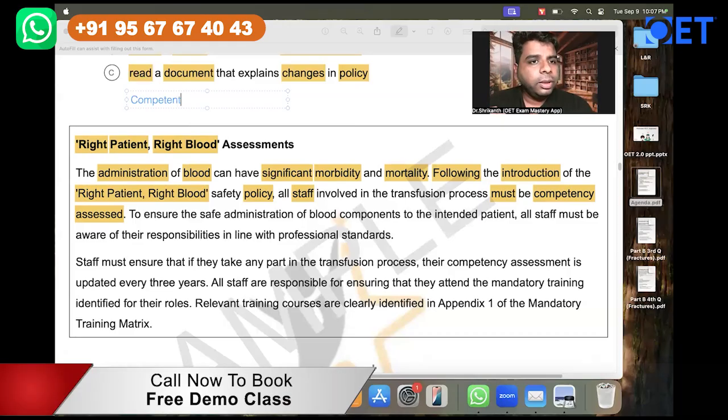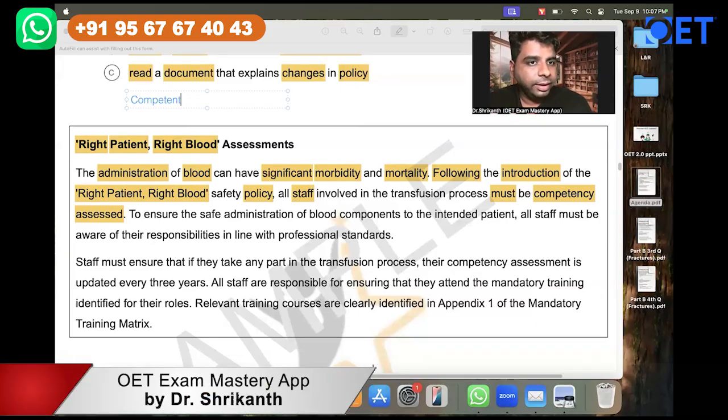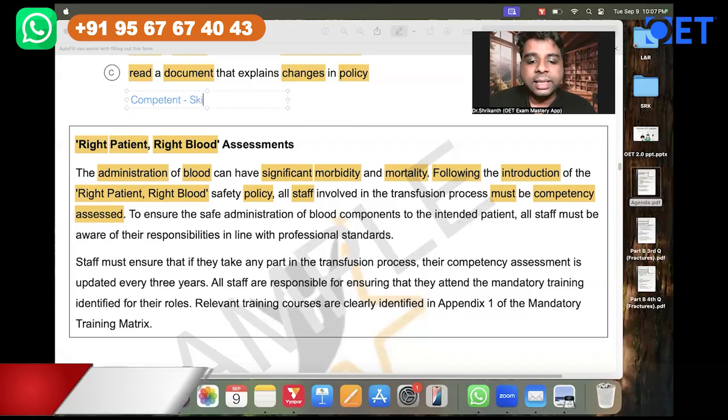They will make sure that they are highly skilled, highly efficient, and able to perform that particular activity. Only then they will enter the competition, only then they will get the first prize. So that is the meaning of competent. Competent basically means skilled over here.